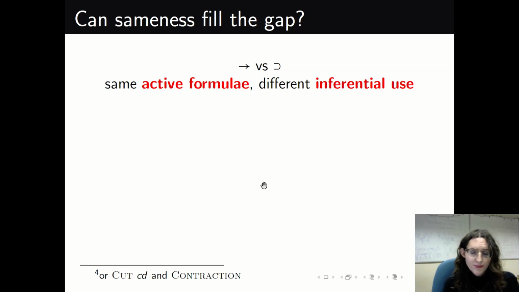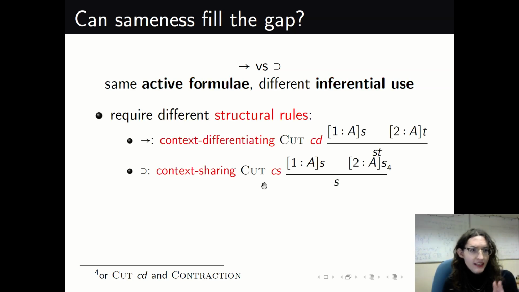Why is this so? Well, we could diagnose it this way. The right arrow and the horseshoe connectives require different structural rules for meaningful definability. We used a context differentiating version of cut, so where you have in the two premise sequents different context sequences. But the assorted connective can't be defined in a context consisting of context differentiating cut and identity.